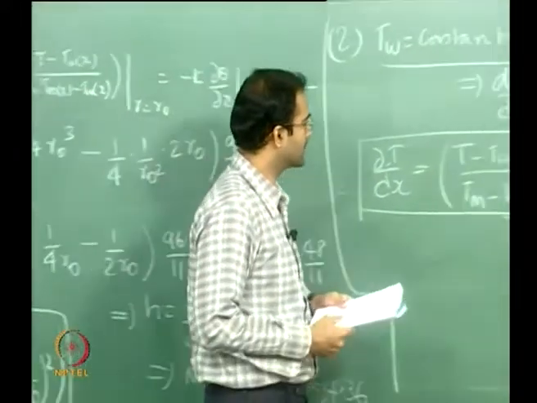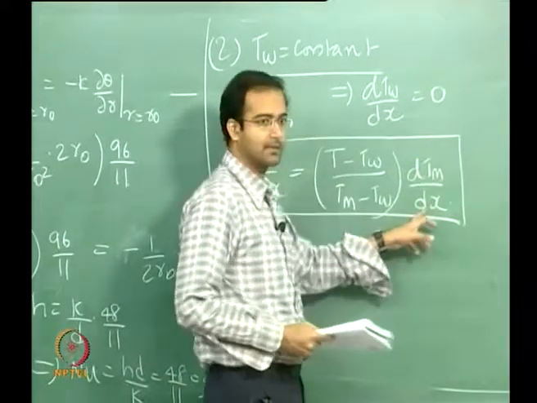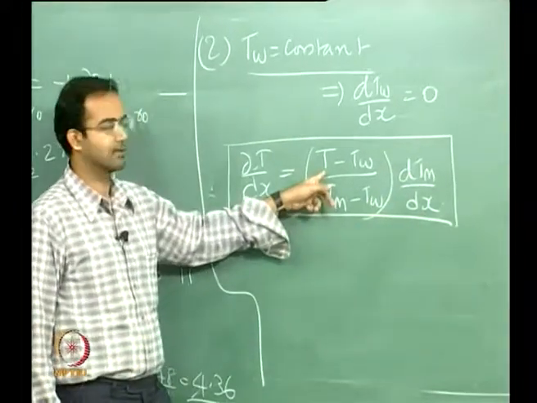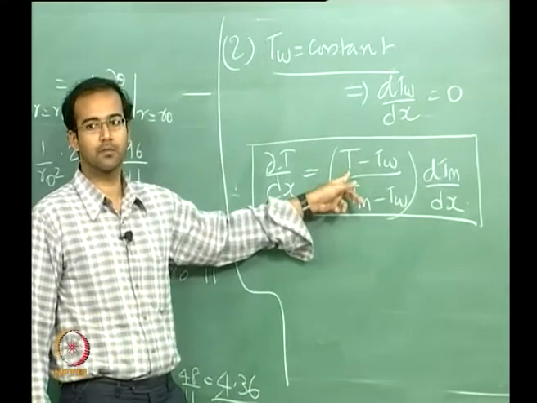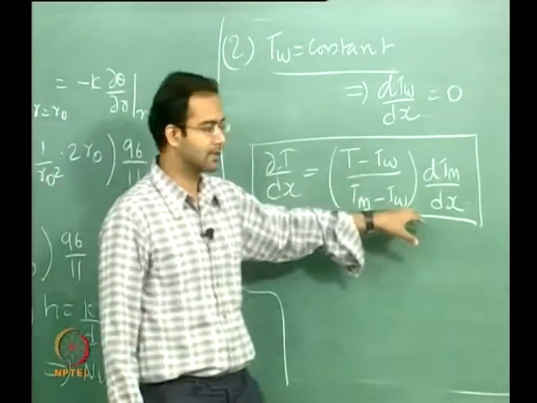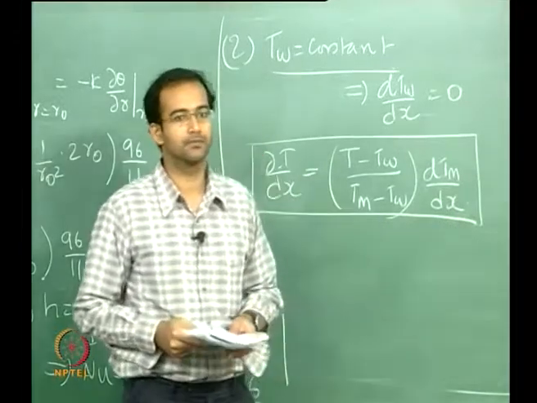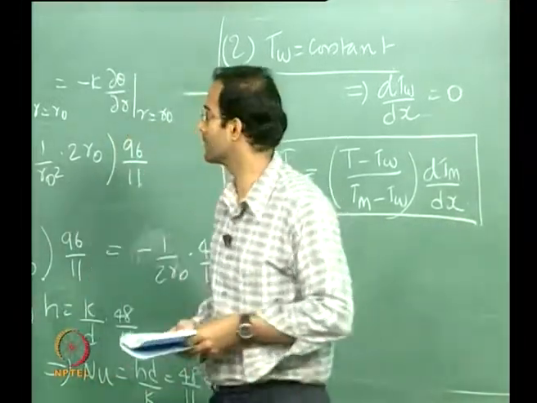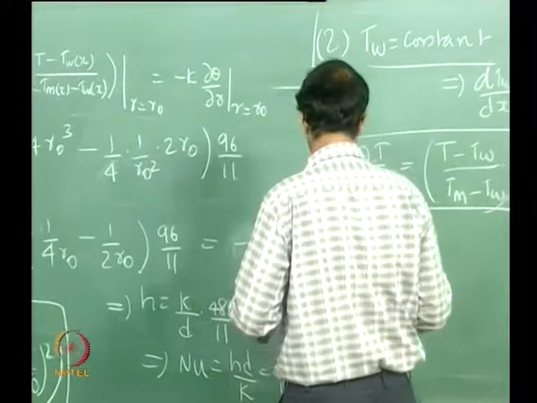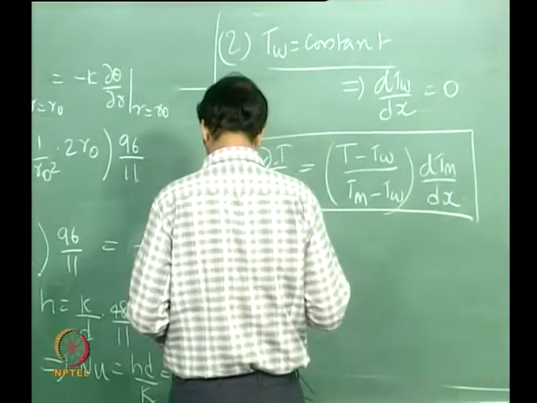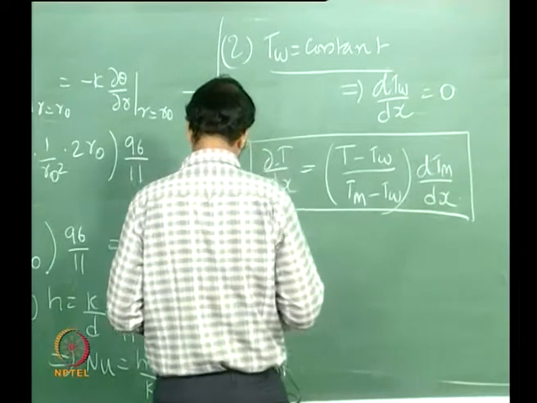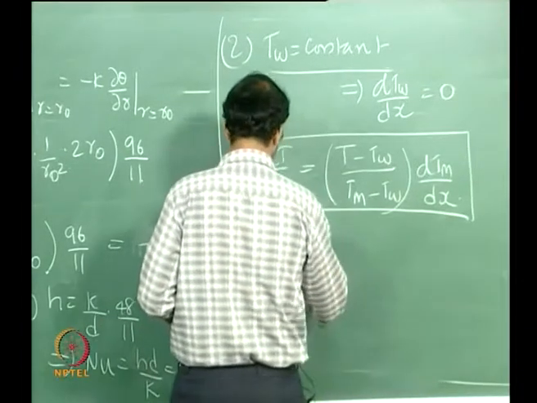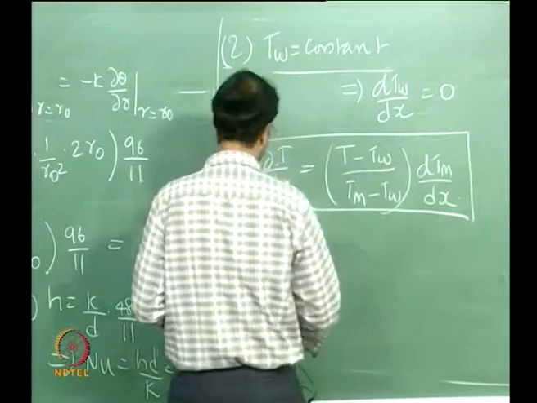Of course your mean temperature is only a function of x, but this T here is the problem, it is a function of both x and r. Now if you substitute this into the energy equation, what happens? On the left hand side you have u by alpha into dT by dx.